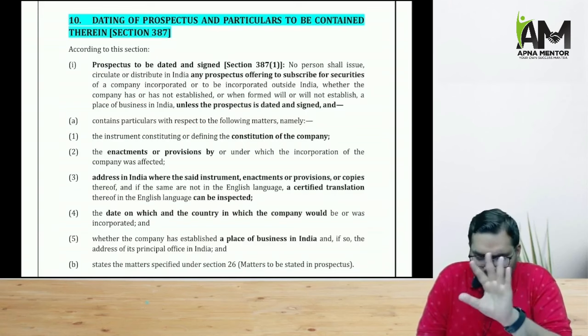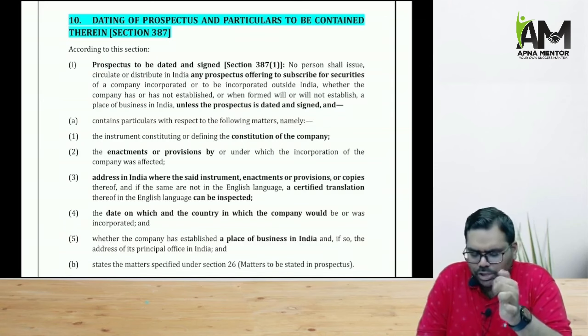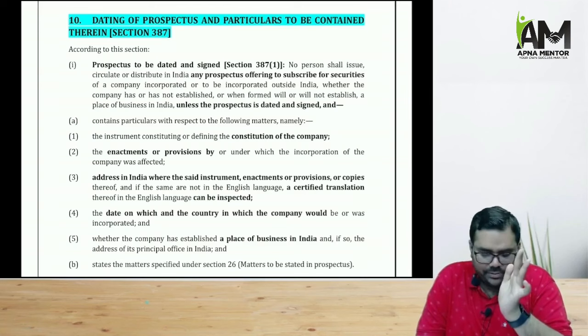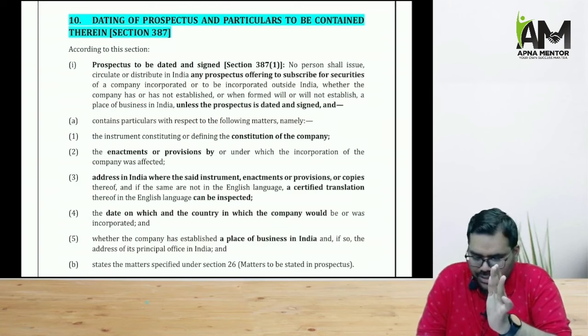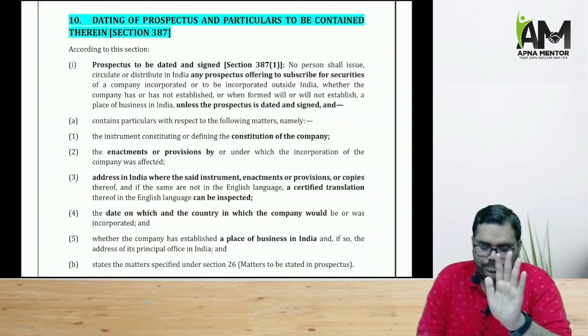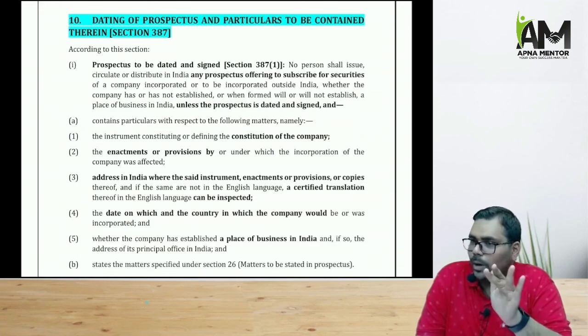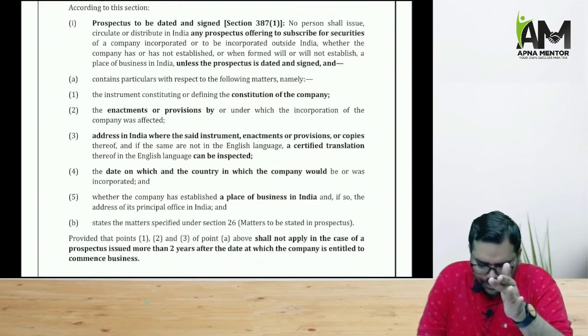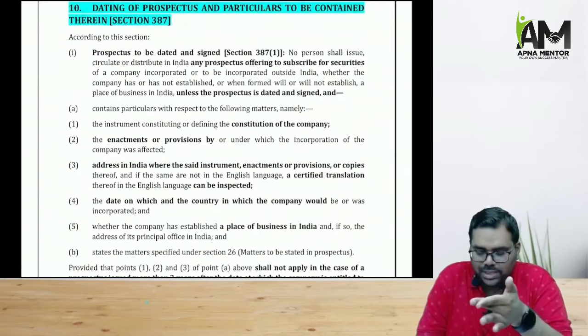Now some basic requirements: whenever a foreign company issues a prospectus, that prospectus should be dated, and it should be signed. Unless the prospectus is properly dated and properly signed, it will not be issued.